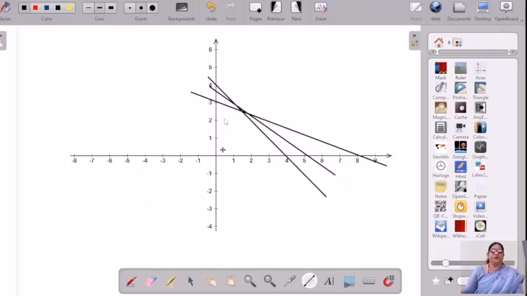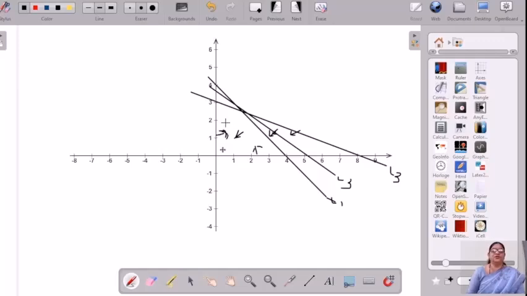According to the constraints, this is L1, this is L3 and this is L2. All constraints are of the less than or equal to type. So the first line, second line and third line are less than or equal to, and x1, x2 are greater than or equal to 0.